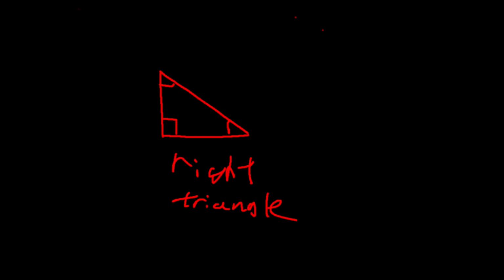Triangle, right angle. Yeah, you know that. This is called the hypotenuse. This is called a leg. This is also called a leg. And you probably know an equation: a squared plus b squared equals c squared.